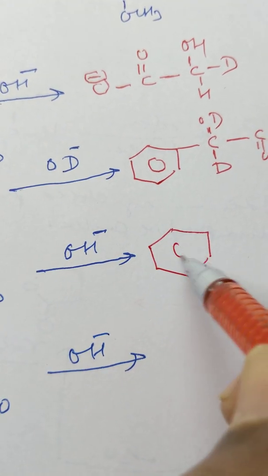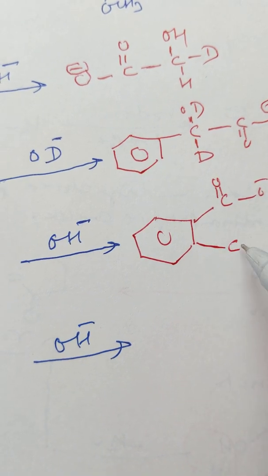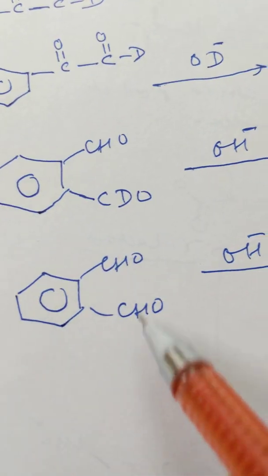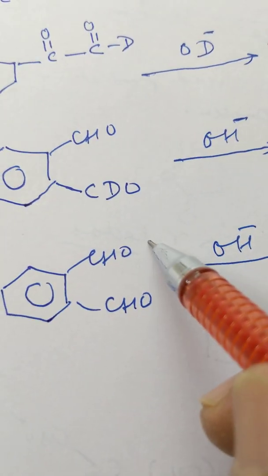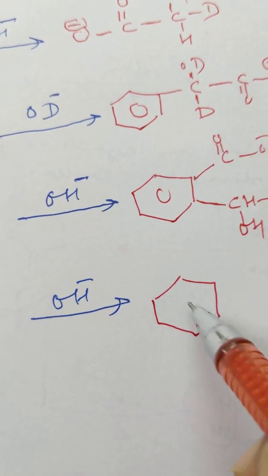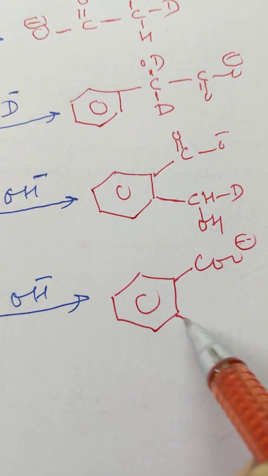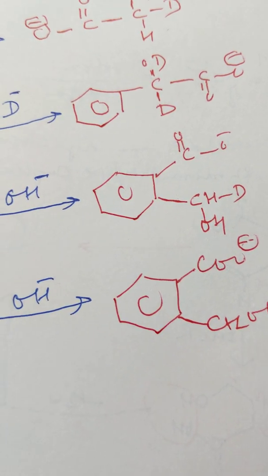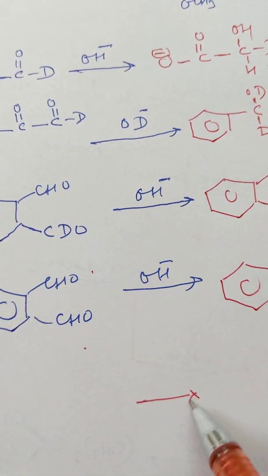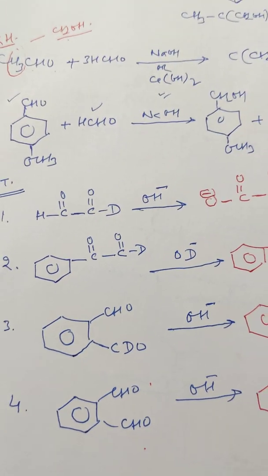When one of the aldehyde is having deuterium, the other will be oxidized, and this, now this is simple, intramolecular, one is reduced and another is oxidized. This is the product formed in this case. But check these products only once you yourself do all these reactions, all these examples. Only then this is going to be very useful to you.